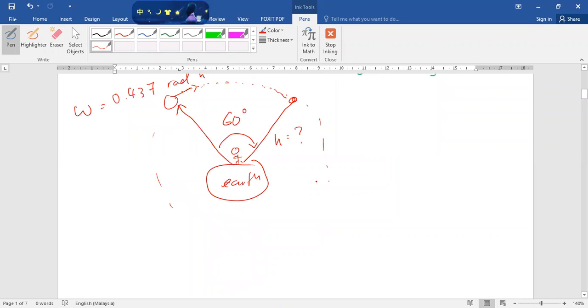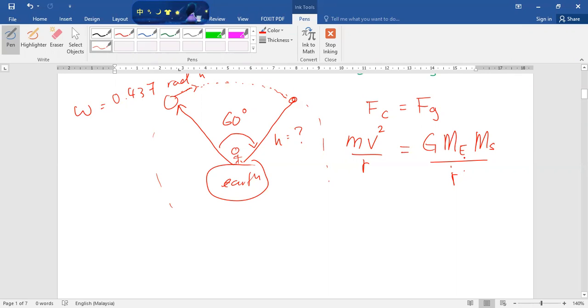From here, we use the formula: centripetal force, where Fc is equal to Fg, the gravitational force. mv squared over r will be equal to G m, mass of the Earth, mass of the satellite, over the distance r squared.